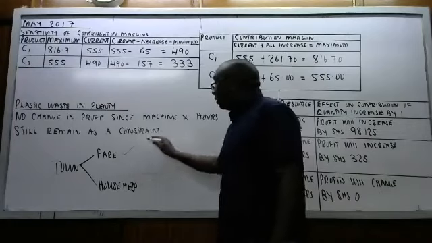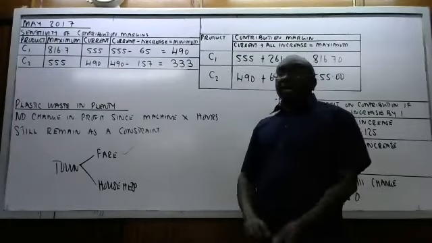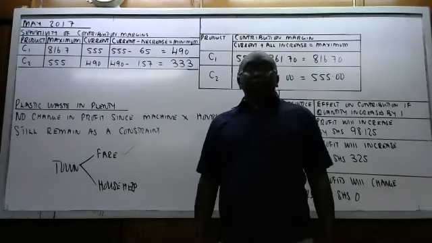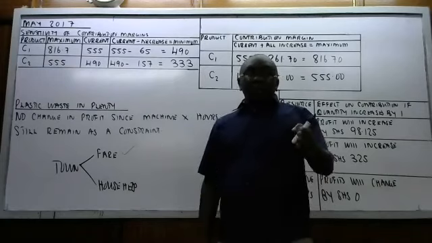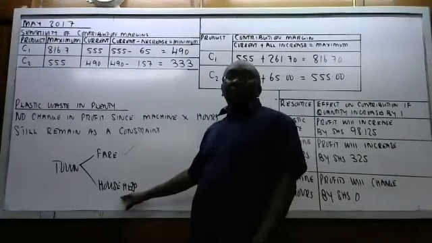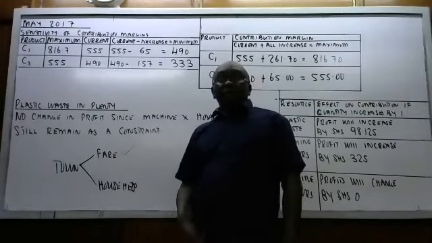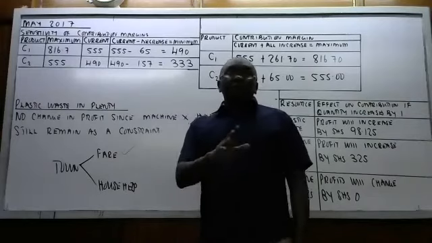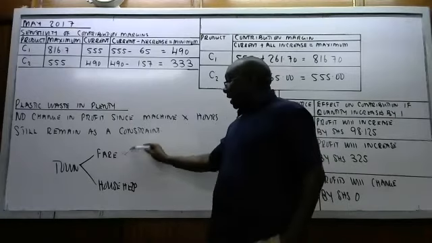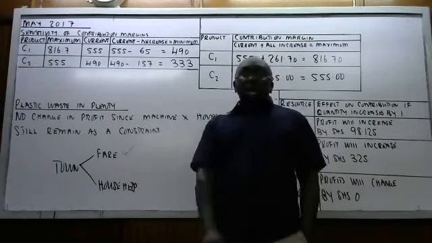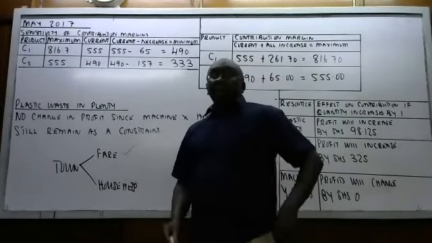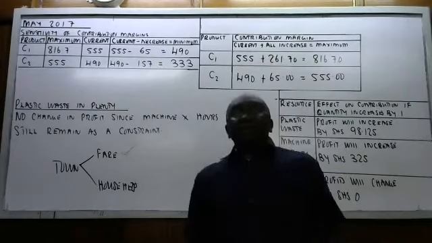If you get fare but still don't have someone to leave the kids with, you still won't go. Or vice versa: you get someone to leave the kids with but still have no fare, you still won't go. You will only go to town if you are able to overcome these two. You get money and you get someone who can be left with your kids. So you must overcome all so that there is a change.